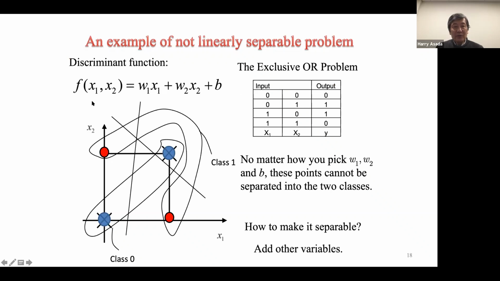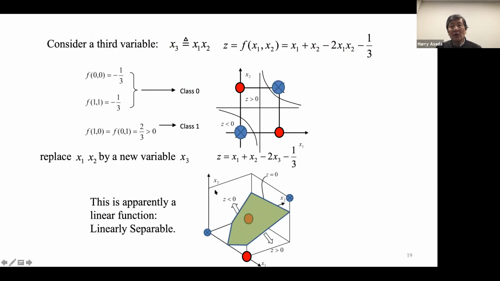So let's look at this problem again. At this time, we use this discriminator function, w1 x1 plus w2 x2 plus b. You remember that these two points classified to class 1 and class 0 cannot be separated, no matter how you draw this straight line. So we introduced a third variable, x3 equals x1 times x2, and dealt with this nonlinear discriminator function, x1 plus x2 minus 2 times x1 x2 minus 1/3.